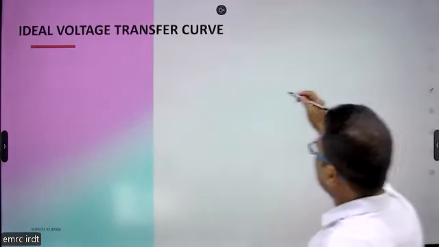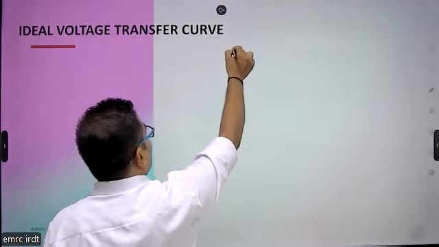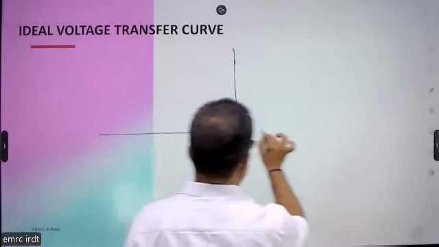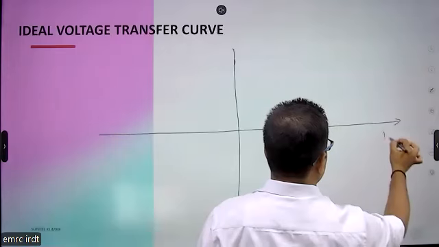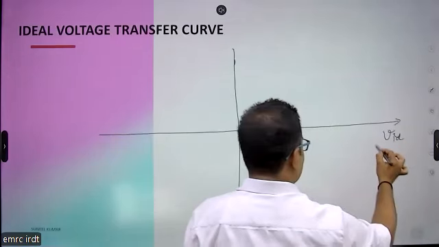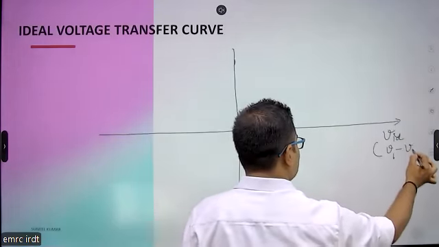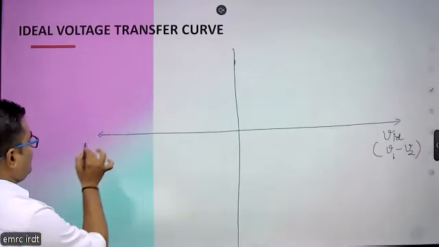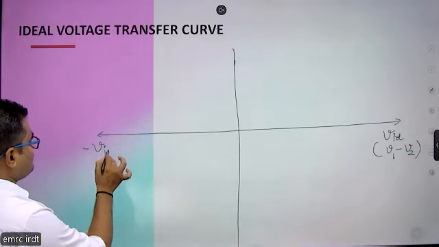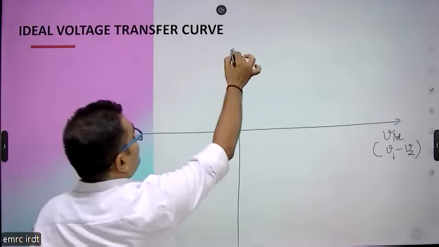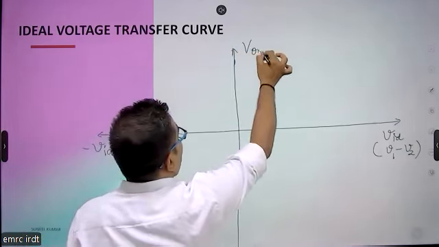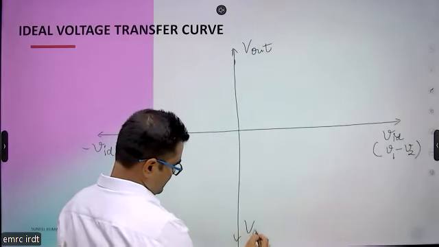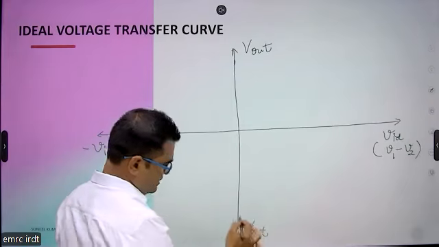So here we have two scales. Let's say this is VID, which can be written as V1 minus V2. Here we also have minus VID. This is the output, and here we also have minus of output.